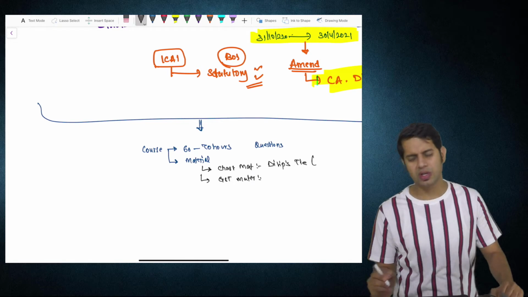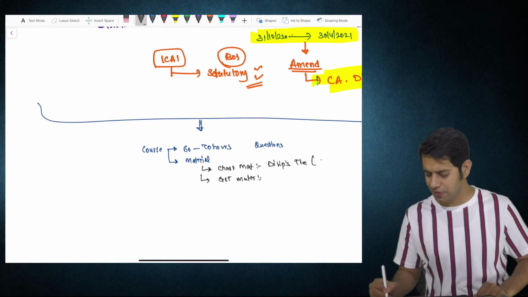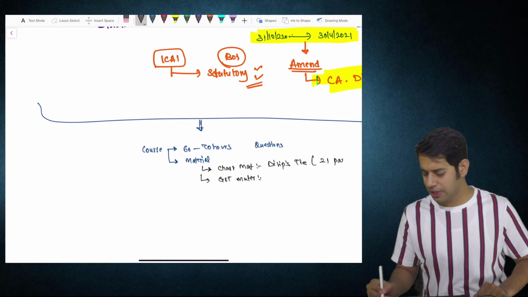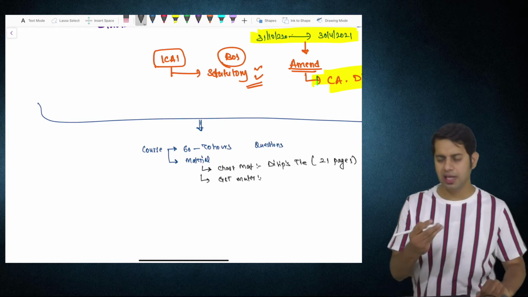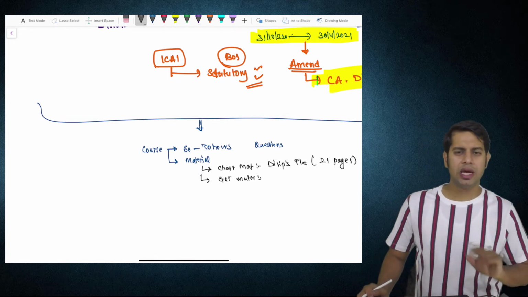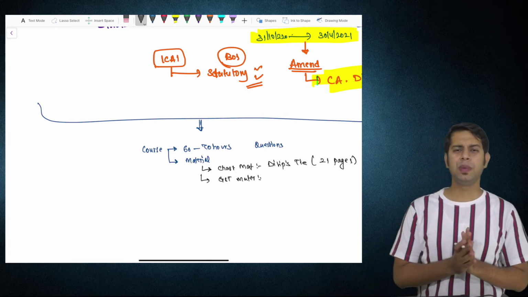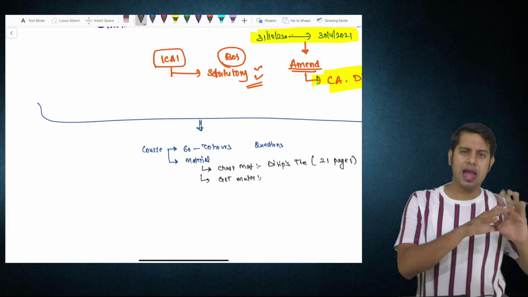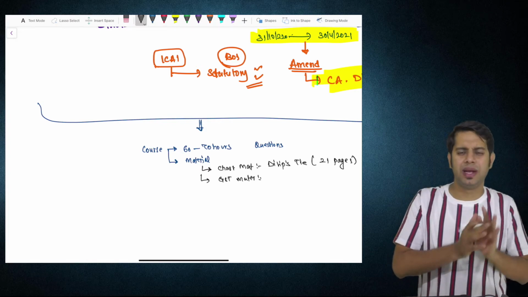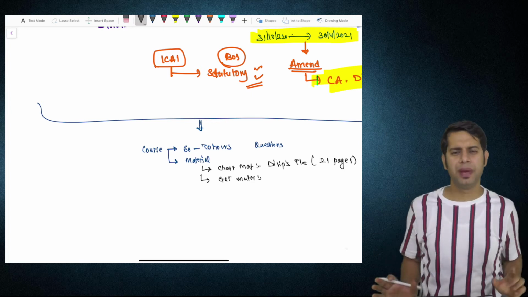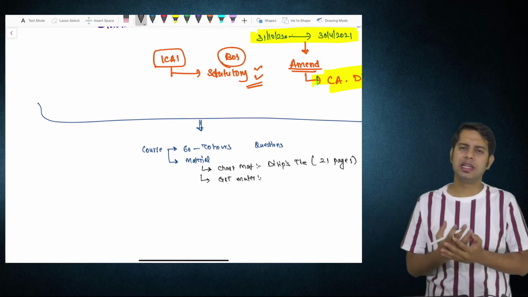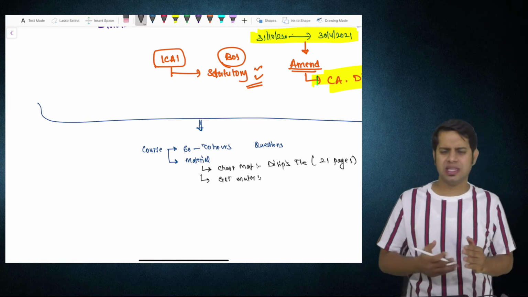Now Dilip style means what, sir? This chart material is of 21 pages. I have summarized each and every chapter, each and every topic, in a single page. This will help you to revise the syllabus on a real-time basis.